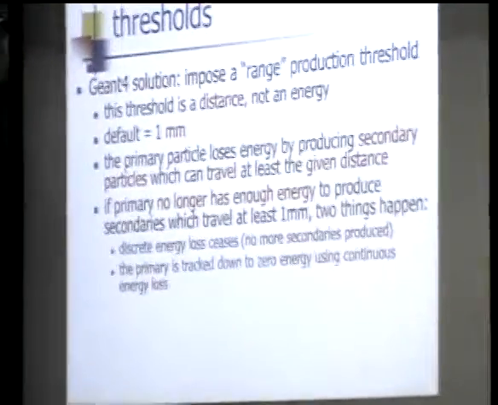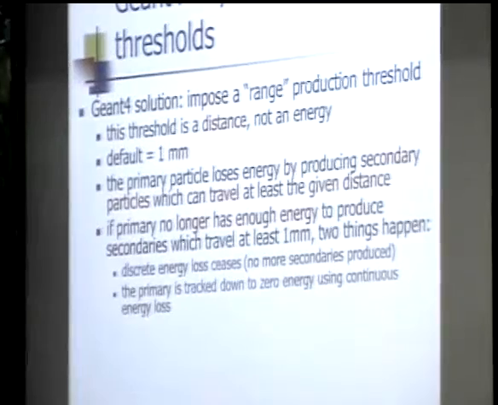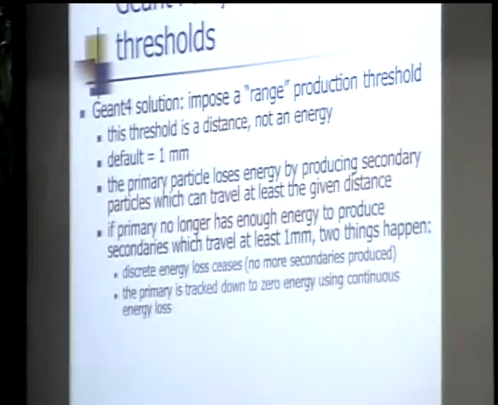Another important thing in Geant4 is that the threshold here is not defined as an energy threshold, but as a distance threshold. So it means I'm following an electron here. Here there is an interaction. And Geant4 would like to generate a track of a given energy E. What will be the range of this track?